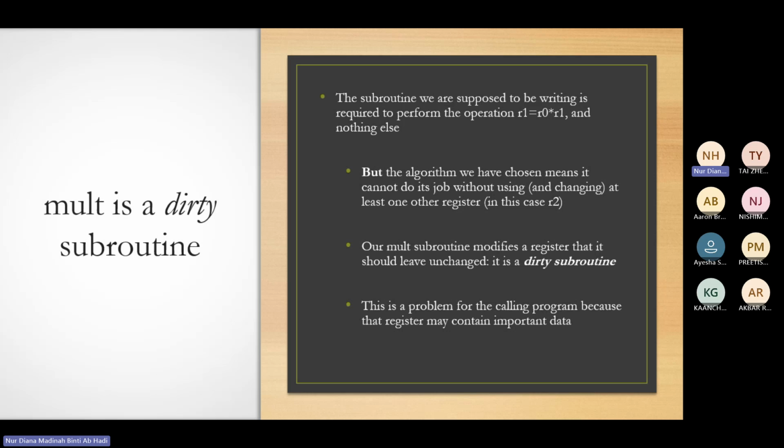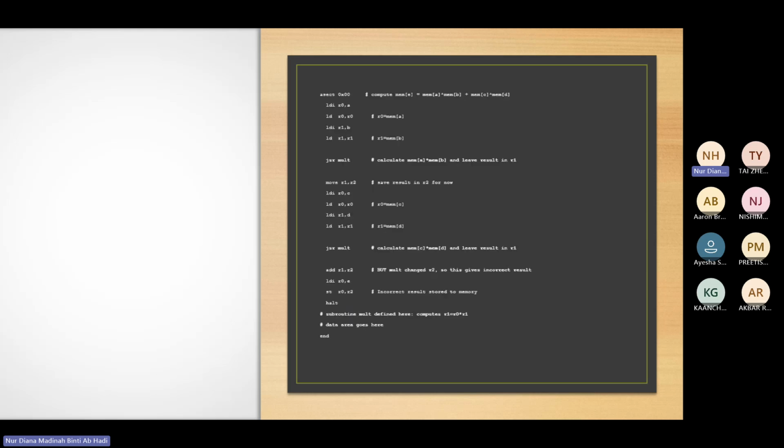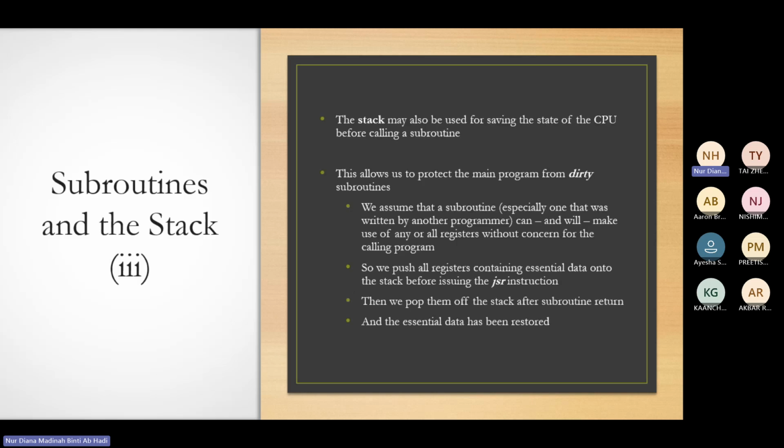But you have to understand that the algorithm we have chosen cannot do its job without using and changing at least one of the other registers. So our multiply subroutine modifies a register that it should leave unchanged. It is a dirty subroutine. This is a problem for the calling program because the register may contain important data. So this is the example of your code.